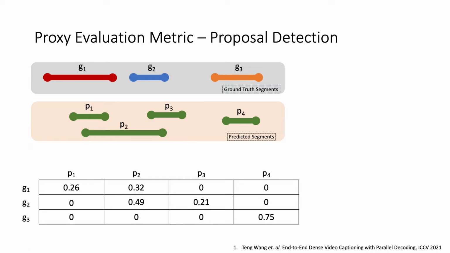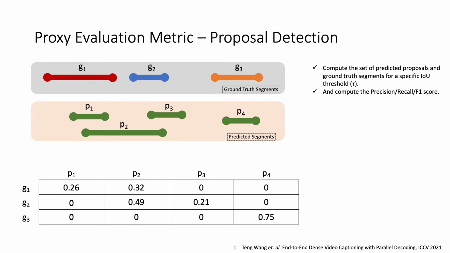Once we have filled the table, we find the set of proposals and the ground truth which are greater than a specific threshold, and finally compute the precision and recall.